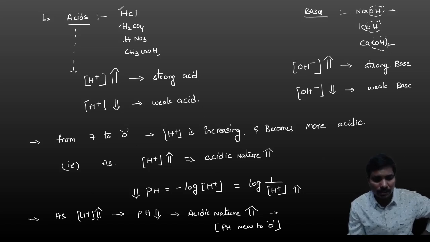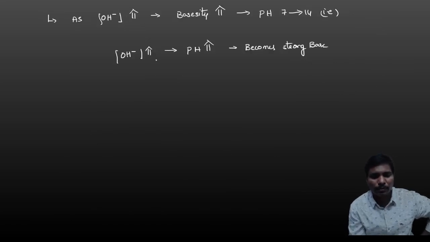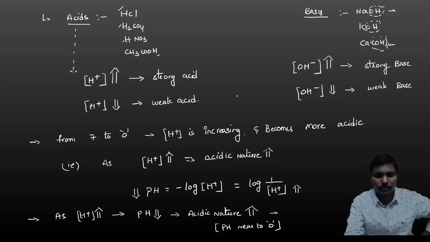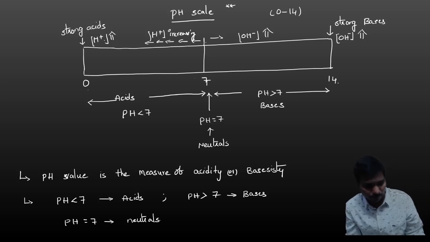As H plus ion concentration increases, pH decreases, acidic nature increases, that means it becomes more acidic. As OH minus ion concentration increases, pH increases from 7 to 14, and 14 becomes a strong base. Okay, so this is the pH scale.